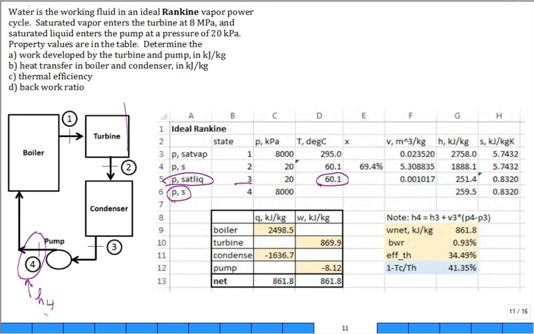Let's say enthalpy at state 3, that's h_f at the 20 kilopascal coming out of the condenser, saturated liquid enthalpy. How do I calculate h4? I'm going to walk around now, pause, walk around. Show me in an equation or sequence of equations on your notes how you would calculate h4.